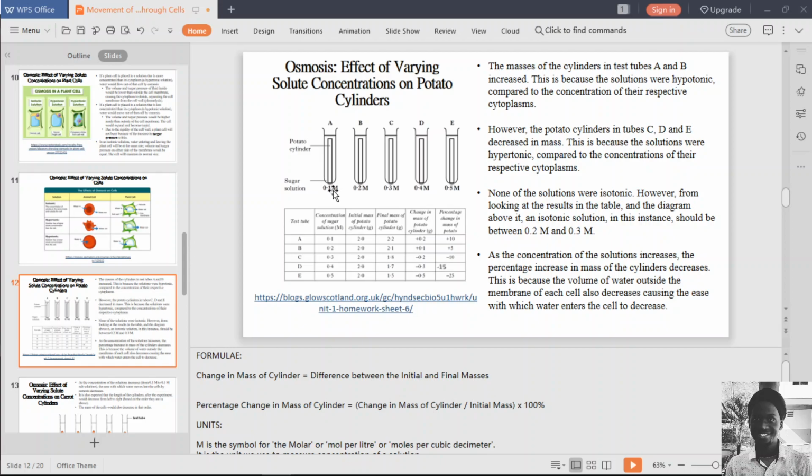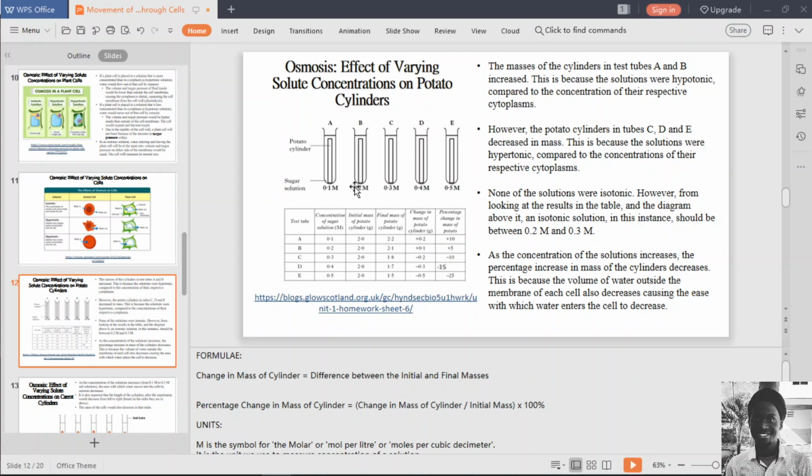So water moved from where you have less solid to where you have the higher percentage of solid. That is why A and B had an increase in mass, or a percentage increase in mass. Now the cylinders in tubes C, D, and E had decreased mass, and this is because the solutions were hypertonic.